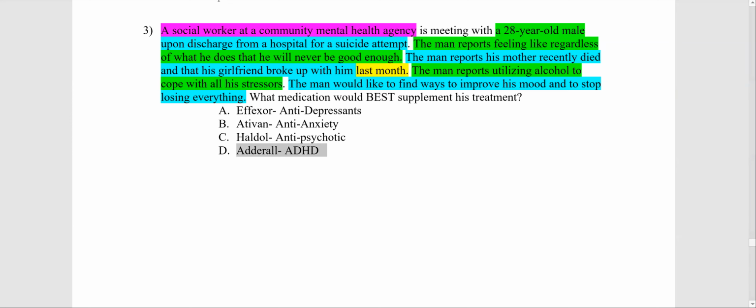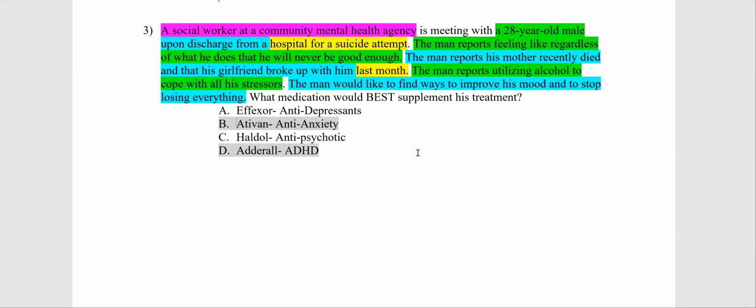So right off the bat, we're going to get rid of Adderall because he's not struggling with any attention issues, so no inattention or hyperactivity or impulsivity. If anything, it's the total other end of the spectrum, feelings of hopelessness, that things aren't getting better, and he just got out of the hospital for a suicide attempt. We're going to rule out Ativan because there's not any glimpse of anxiety, if anything, feeling like he's not good enough and losing a lot of things in his life.